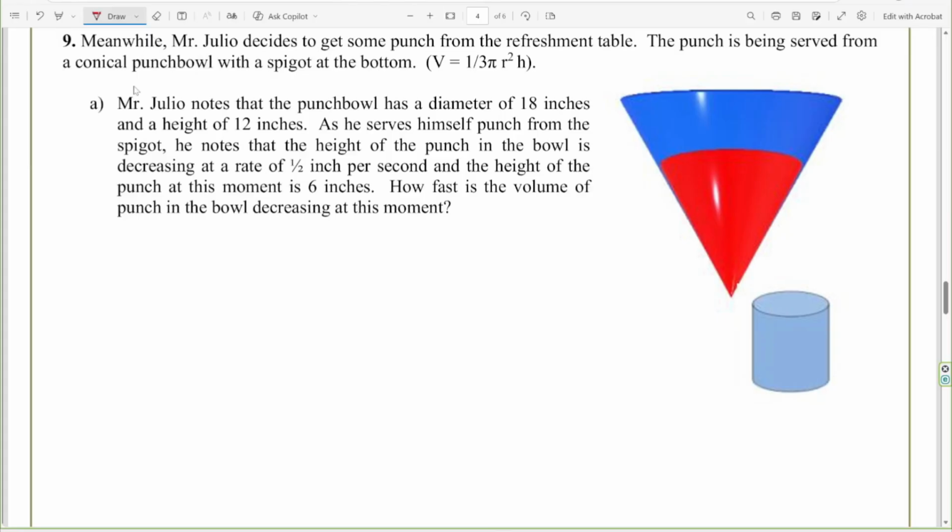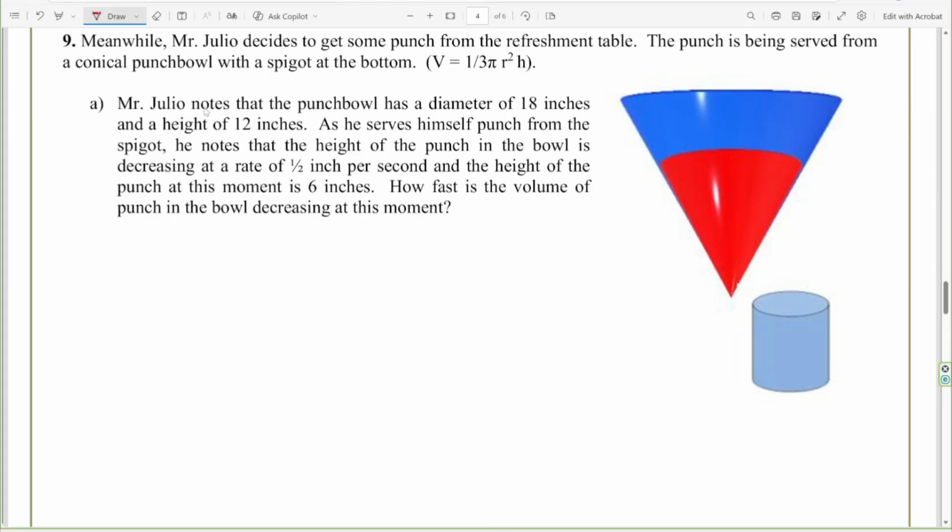Now let's move on to question 9. Meanwhile, Mr. Julio decides to get some punch from the freshman table. The punch is being served from a conical punch bowl with a spigot at the bottom. The volume is given by 1/3 pi r squared h.